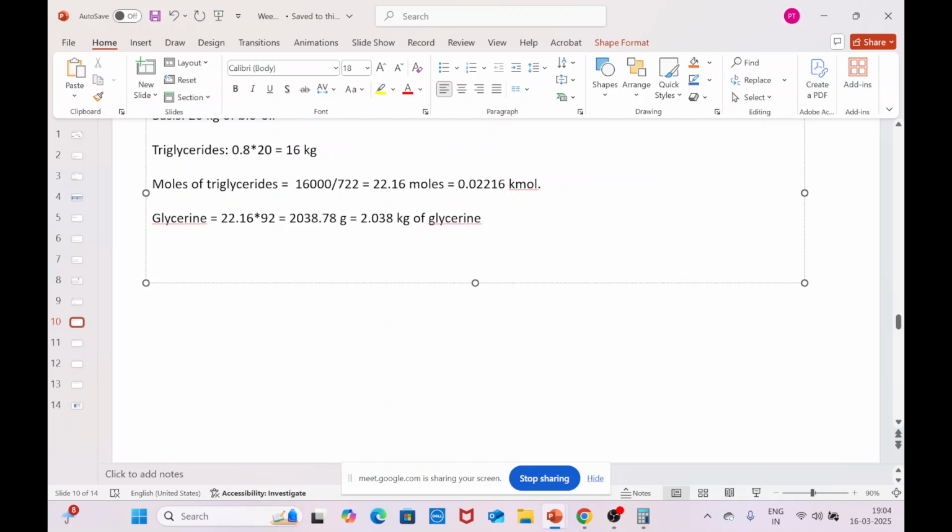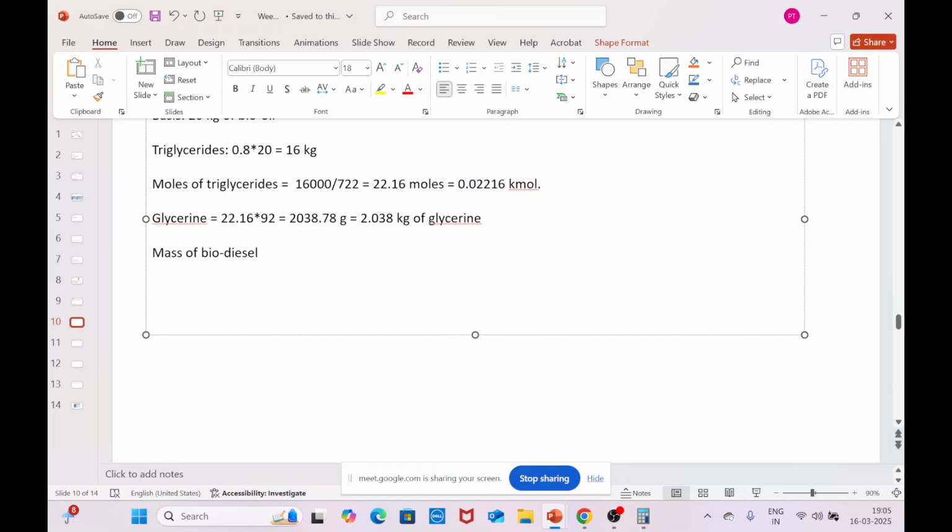Now after that we need to calculate the mass of our biodiesel, which will be nothing but all the moles times their molecular weight.